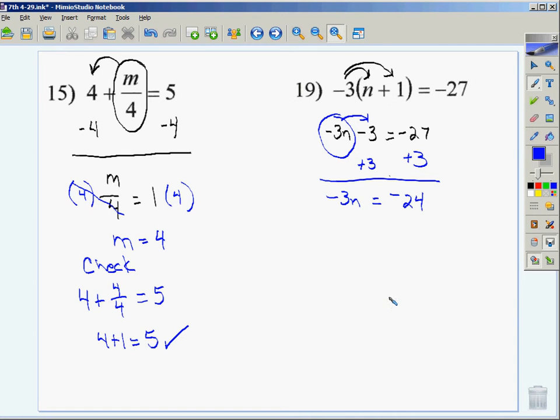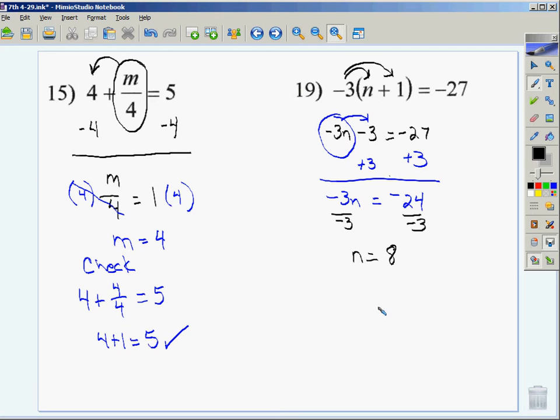Anybody remember doing them? I know we struggled some. What's my last step in this? Divide by a negative 3. A negative divided by a negative makes a positive n. A negative 24 divided by a negative 3 is going to make a positive 8.